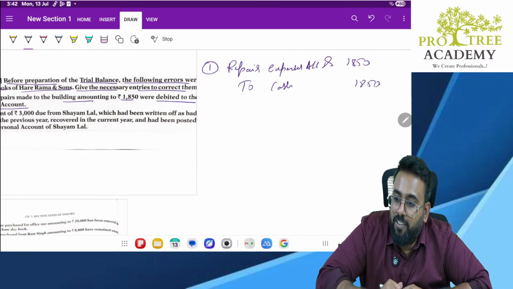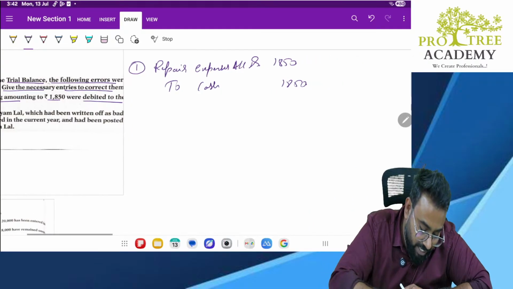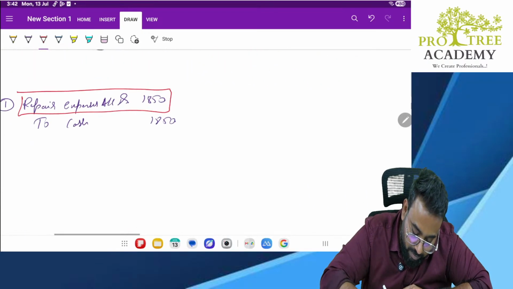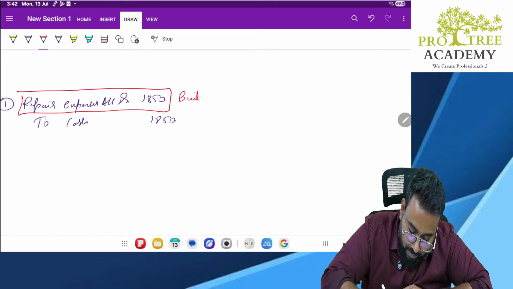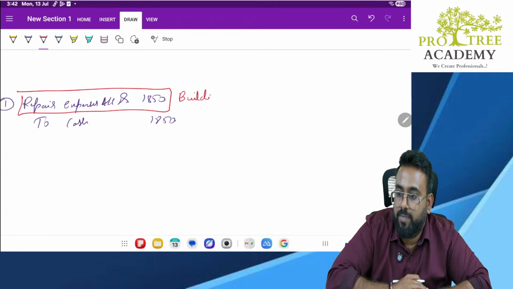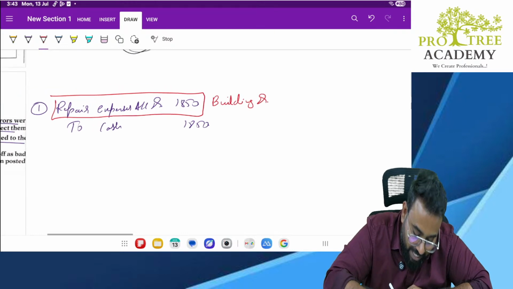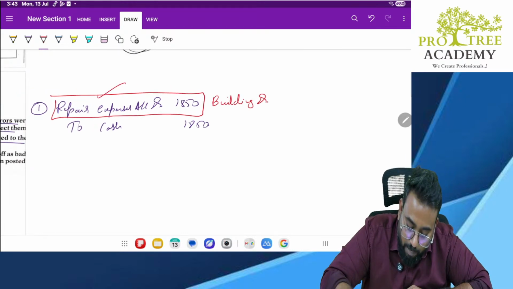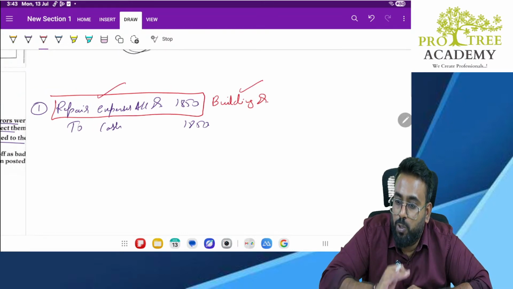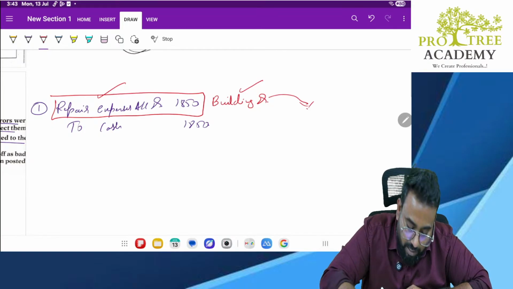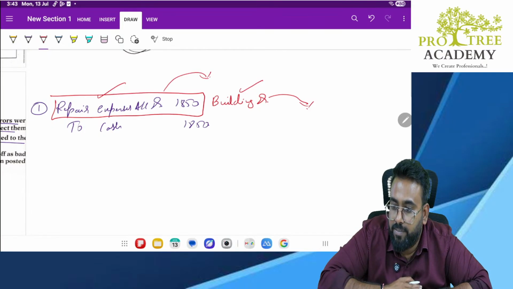So what error have they made, sir? Instead of debiting repair expenses, they have debited building. What should be debited? Repair expenses. What have they debited? Building. So what needs to go out and what needs to come in? Building has to go out, and this has to come in.